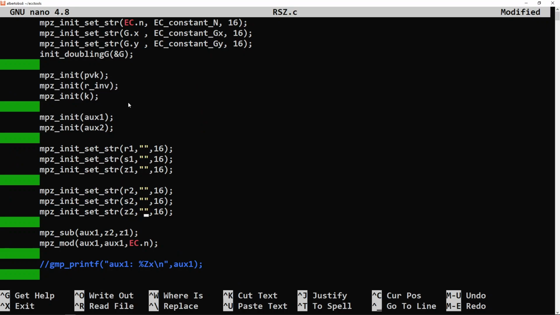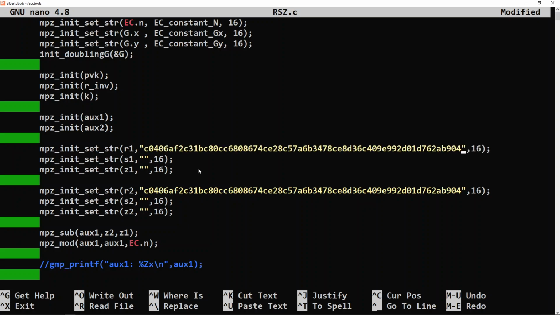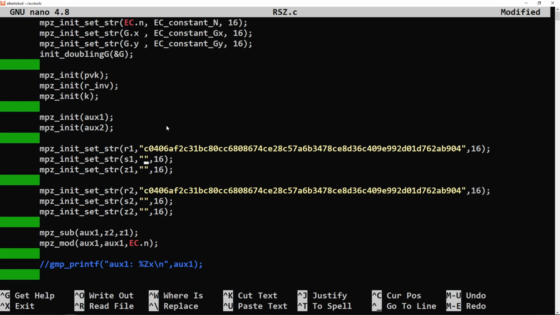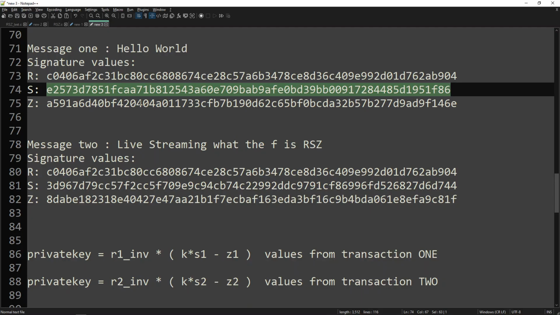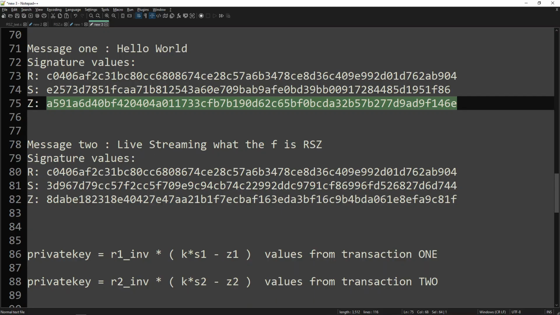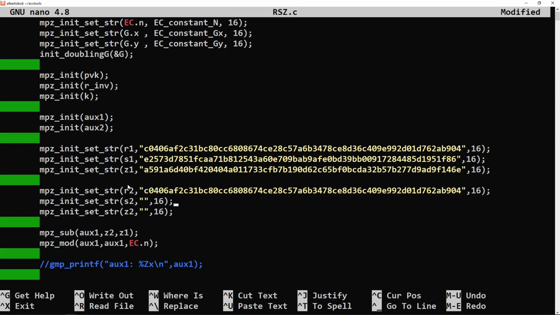R is the same for both transactions. Let's copy S value. Let's copy C value from the transaction 1. Let's copy S value for this.